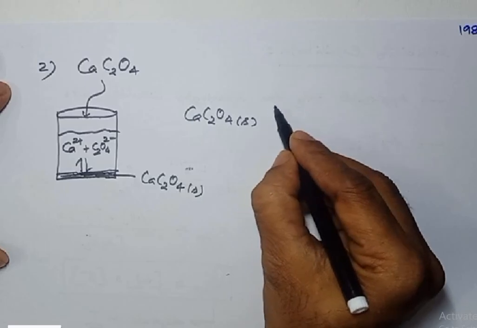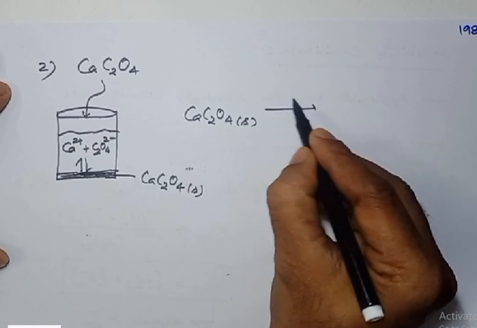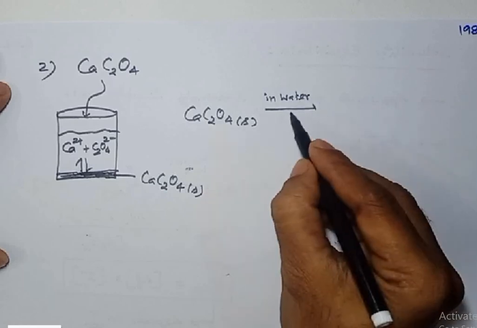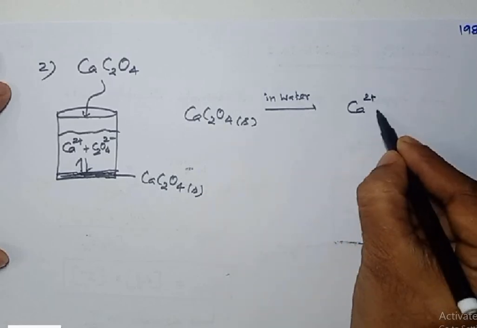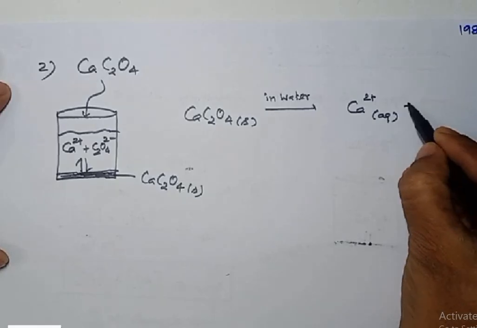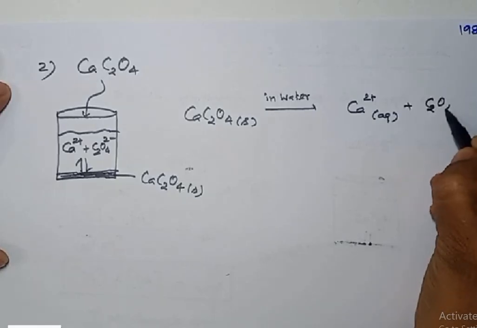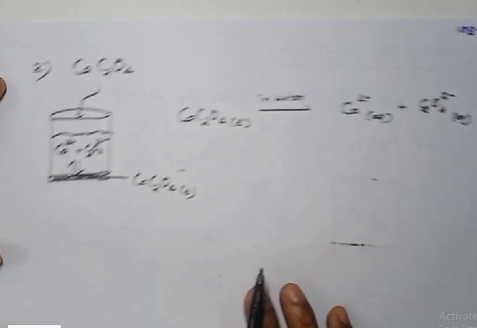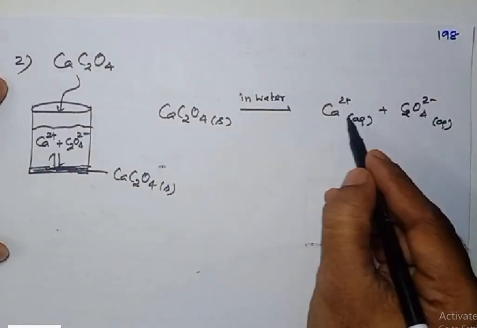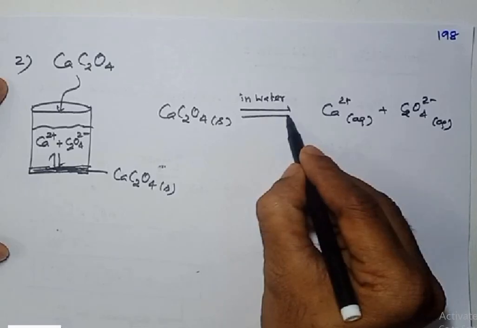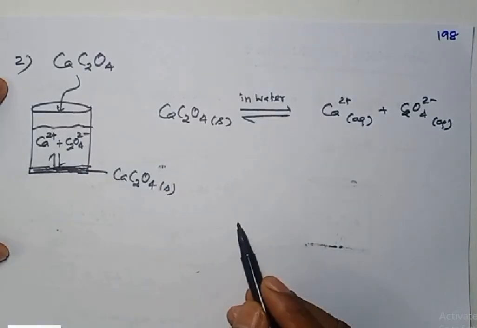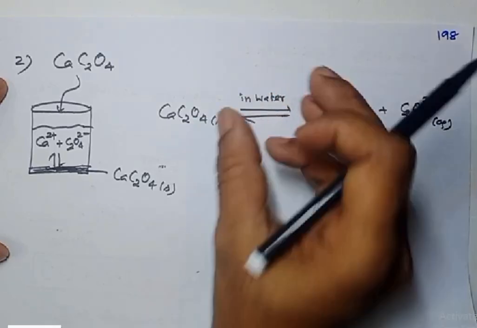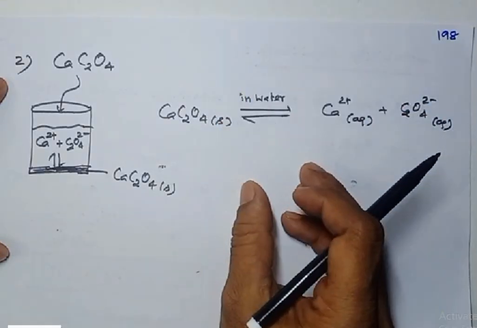So if you add this calcium oxalate solid in water, it dissociates and forms calcium ion in aqueous solution plus oxalate ion, C2O4 2 minus, in aqueous solution. And these two ions also recombine and form the solid back. This forward and backward process will attain equilibrium at a particular time.